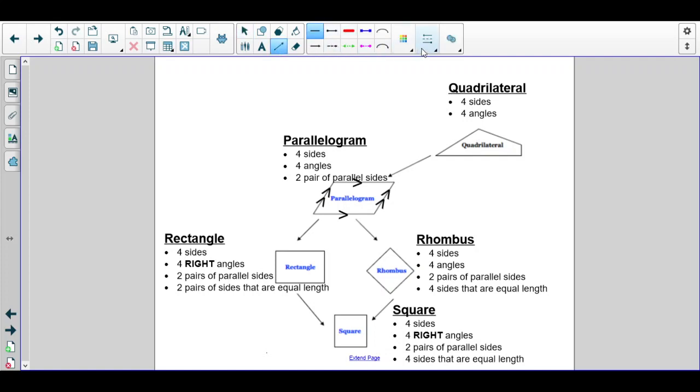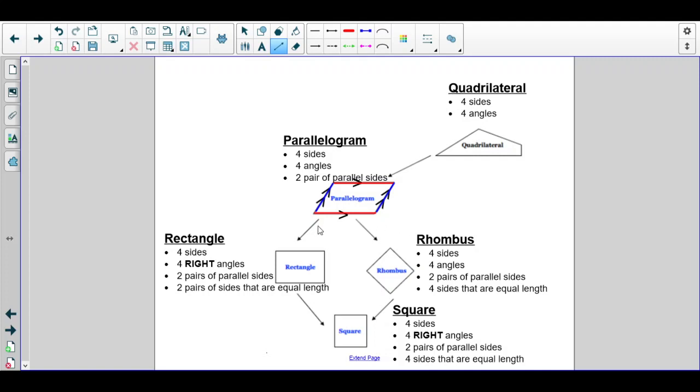We have one set that is from here to here. So these two sides are parallel, and these two sides here. So that makes the object a parallelogram.